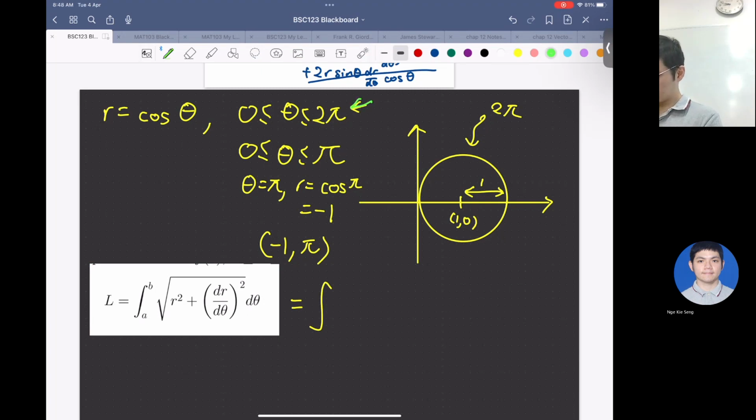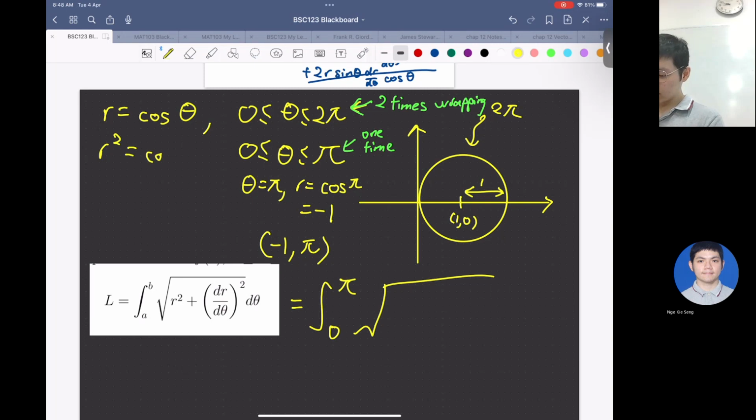This one wraps 2 times, this one is 1 time. To compute one full circle, what's the integration domain? 0 to pi. Good.